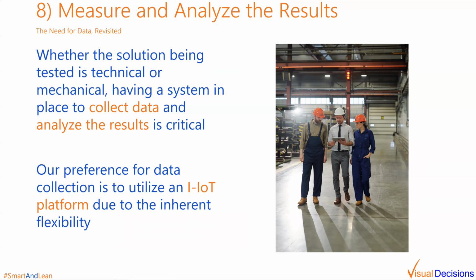In particular, having a system to collect the data 24/7 in an unbiased fashion is critical. Because of bias and inaccuracy inherent in manually collected data, measuring the success of the solution in that fashion will lead to poor results. In addition, it's usually people that have a vested interest in the solution that would be collecting the data, and that makes the solution even more likely to produce biased results.